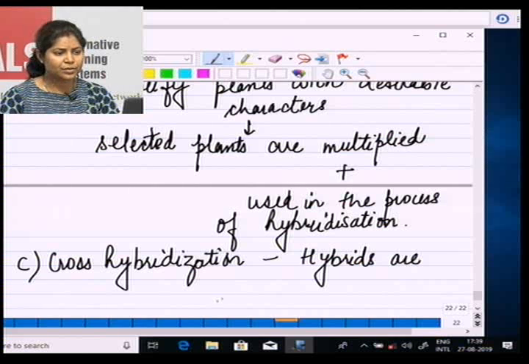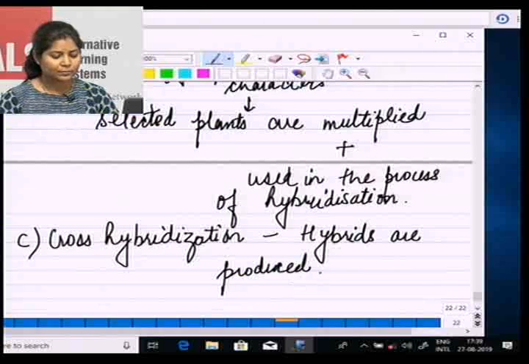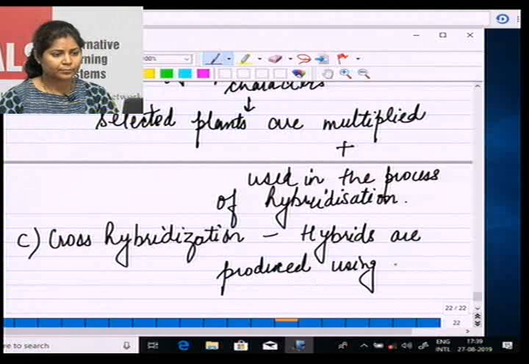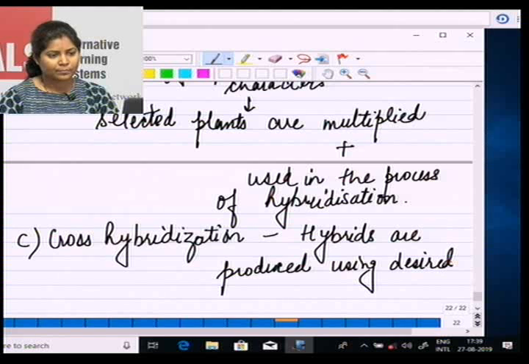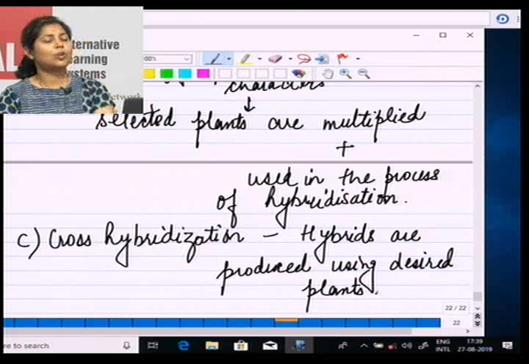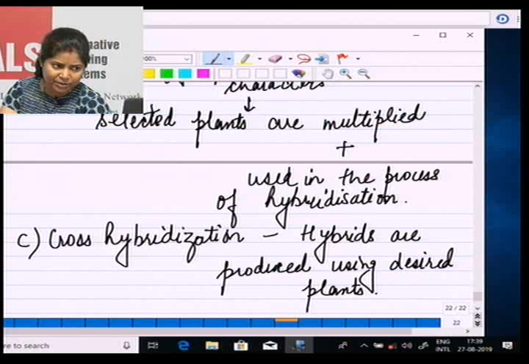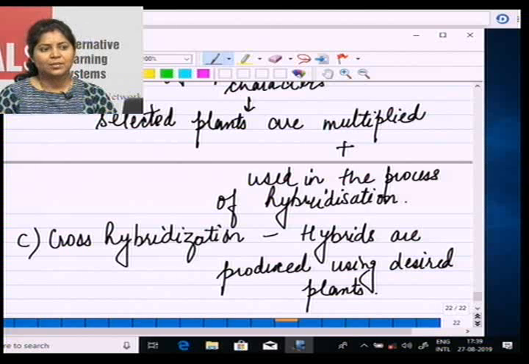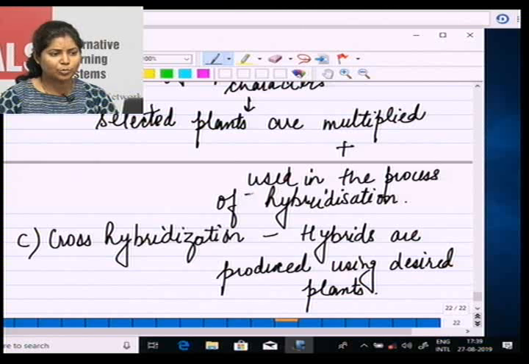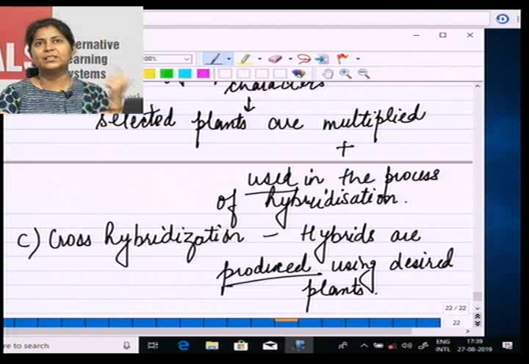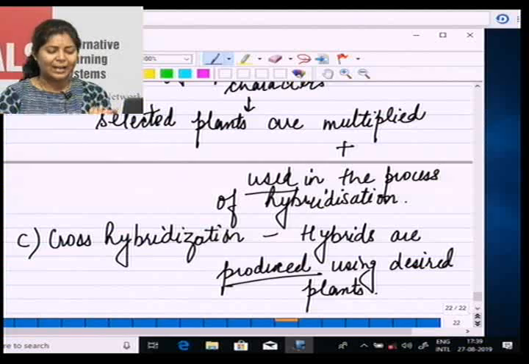Hybrids are produced using desired plants. Hybridization means crossing them only. So you are using this to produce hybrids. The first step was initiation. The second step, that is completion, is that now you have a hybrid.